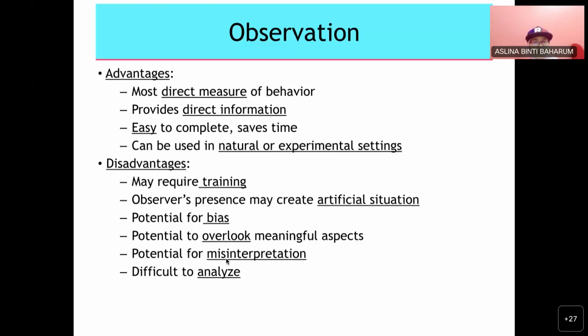Potential for misinterpretations, a little bit the same as the artificial situation, you create because you misinterpret. Difficult to analyze, right? Because you are 5 members, for example. So when you do analysis, you might have different interpretations, right? So how to make sure that everyone has the same mission and vision? That's why the need for training.